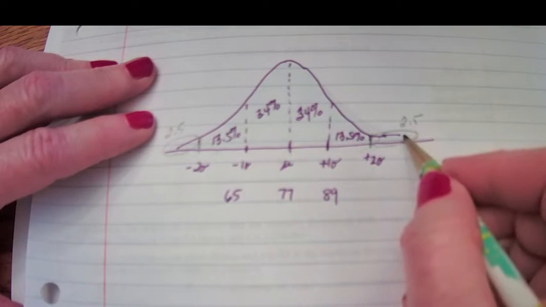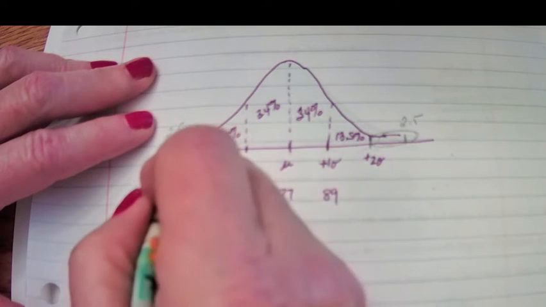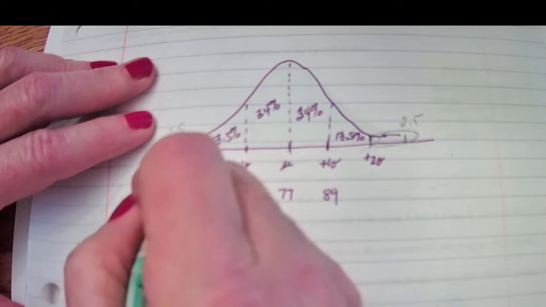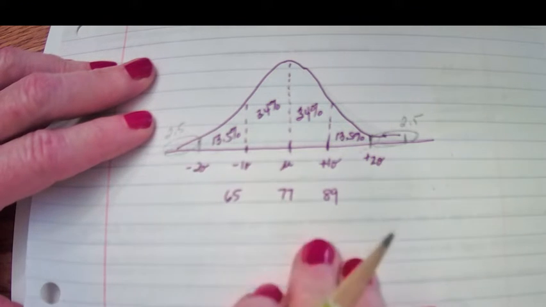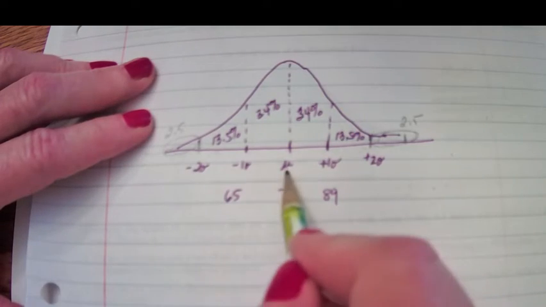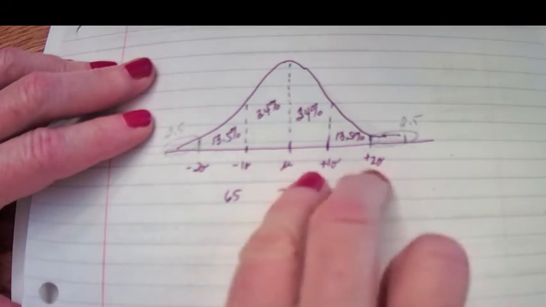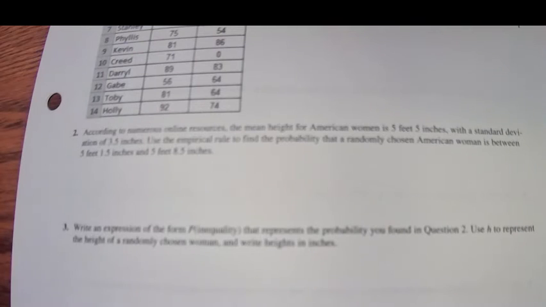And in fact, it's 2.35 for the next standard deviation and 0.15 here, for more standard deviations. But that's what that's saying. That's why knowing the mean and what the standard deviation is will tell you basically how far out this data is spread. All right, so now given that information, we're ready to move on to question 2.